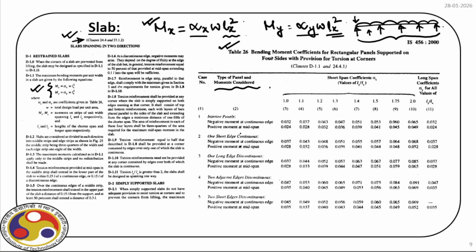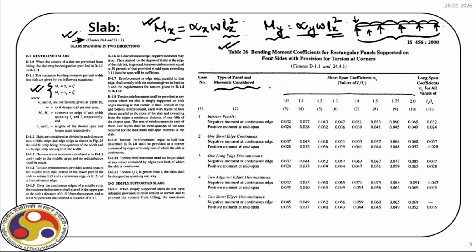I will come to that point later, but for the time being, the point to be noted here, when we design the slab, we don't need to first go for an exact structural analysis, because the applied bending moment along two orthogonal directions, say x and y, are provided by the code itself, where we use the dimension along the shorter direction, that is Lx, to estimate the bending moment.